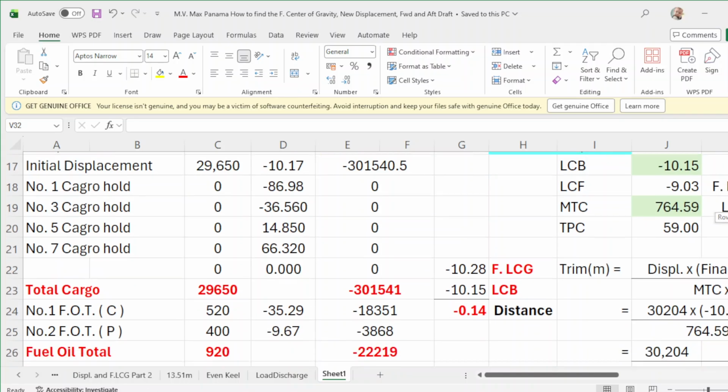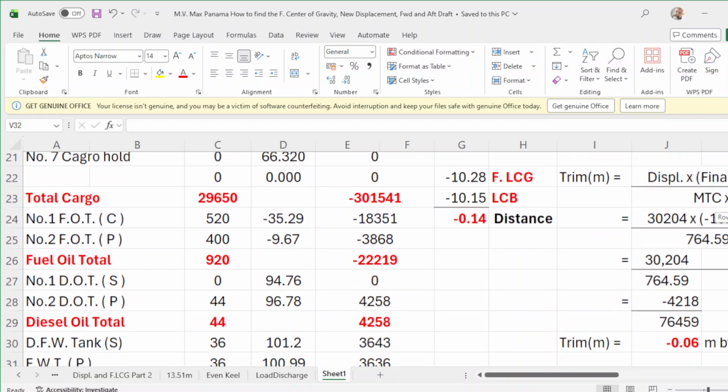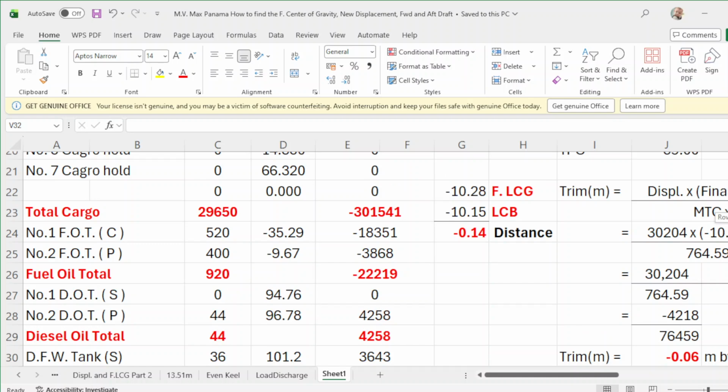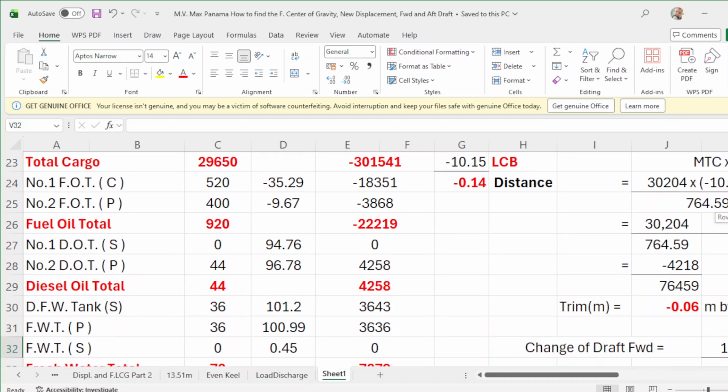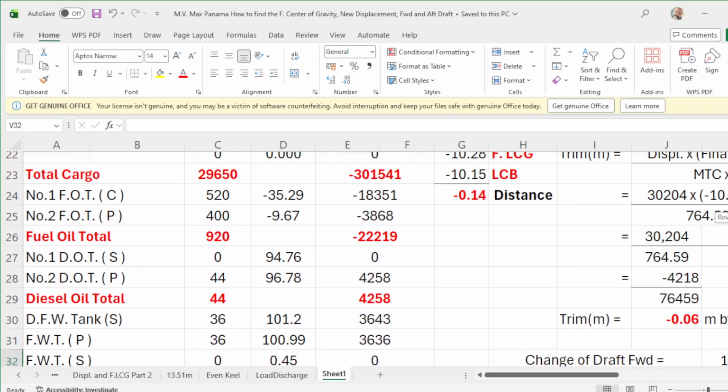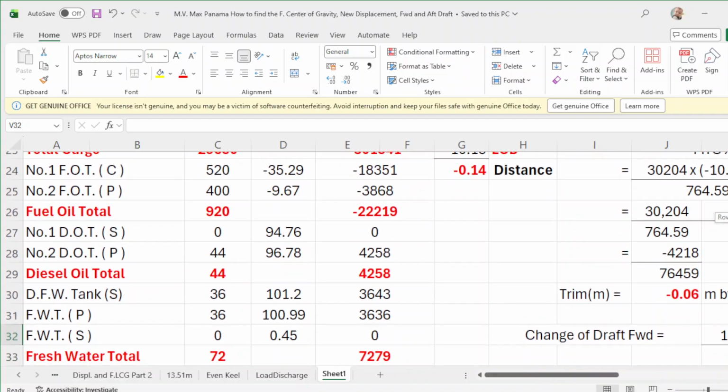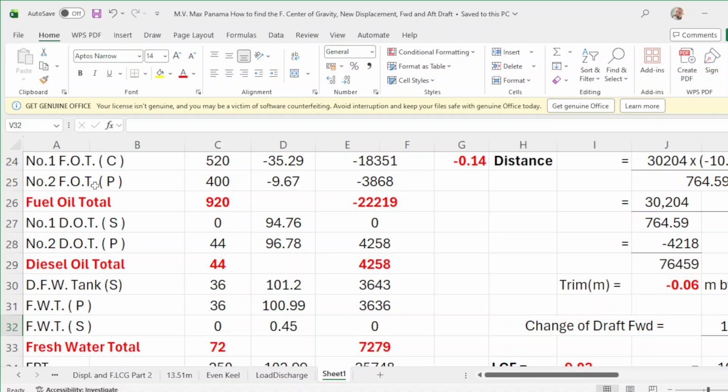So we go now back to the fuel tank. So FOT, you're going to load, that's why it's positive. This is the LCG. That will be the LCG moment. FO2, number 2, port side, we're going to load 400 times your LCG. This will be your LCG moment.